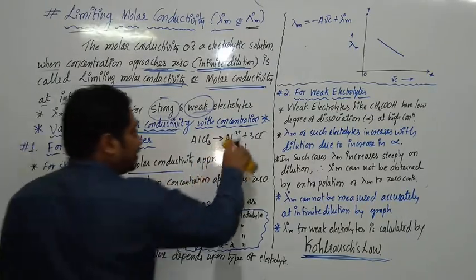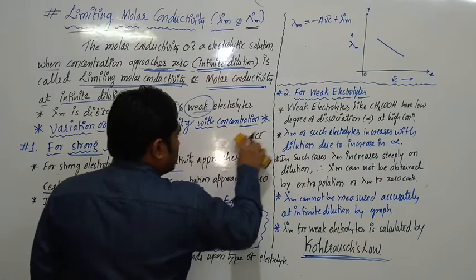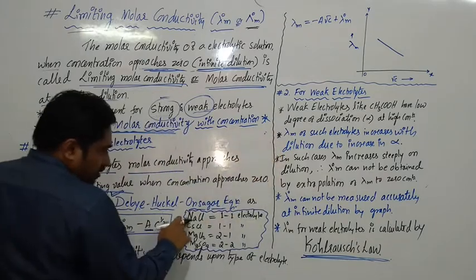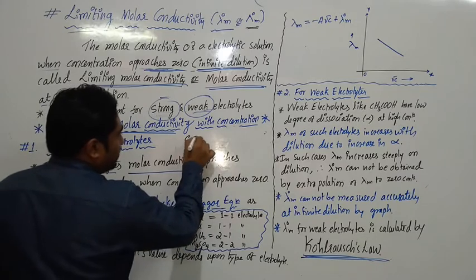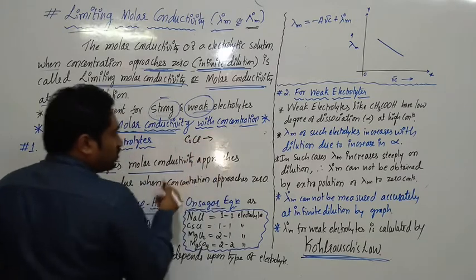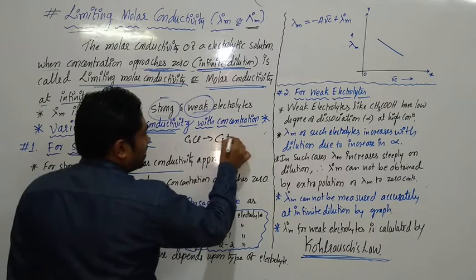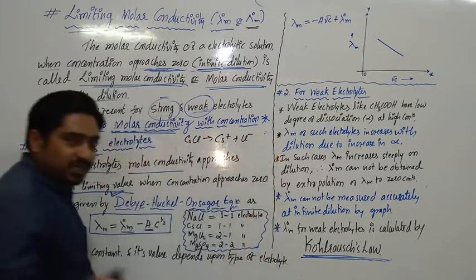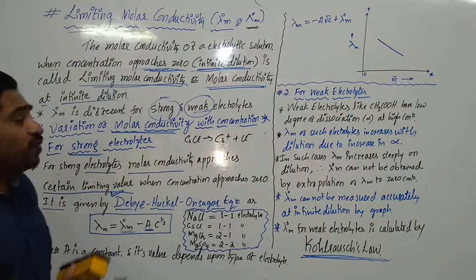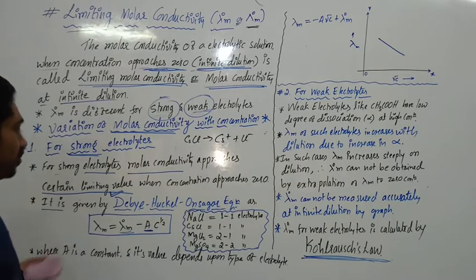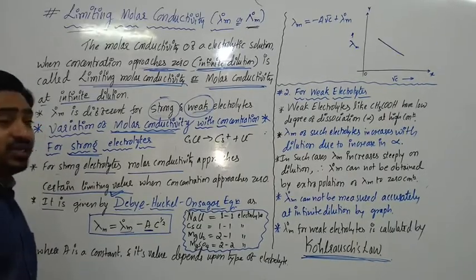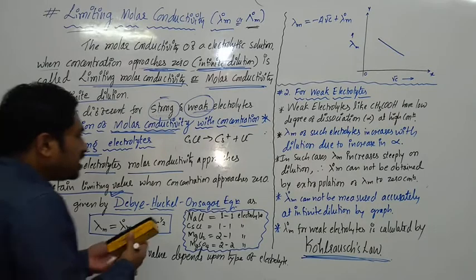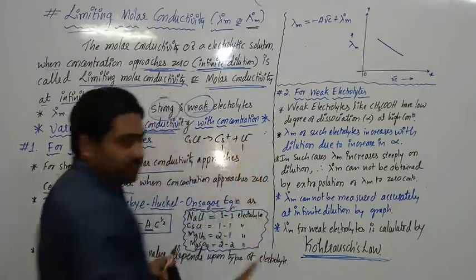Please remember, NaCl is a 1,1 type electrolyte. CsCl, cesium chloride, on dissociation gives Cs plus and Cl minus. The number of charges on the cation is 1 and on the anion is also 1, so it is also a 1,1 type electrolyte.